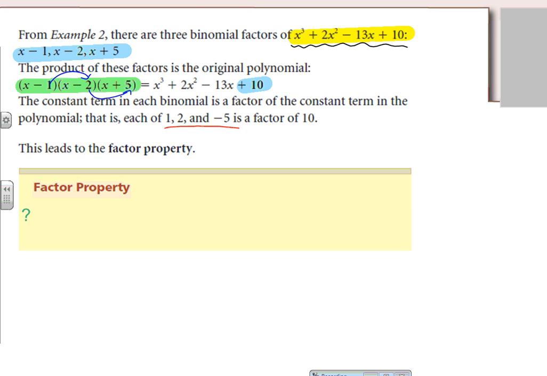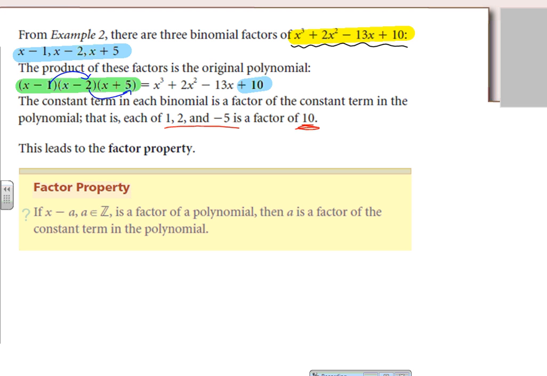The 1, the 2, and the 5, if we multiply those together, we'll get 10. Positive or negative, that's not a big deal right now, but just realize that those numbers, 1, 2, and 5, will multiply to the 10. This is going to be good information. This is going to help us out here.